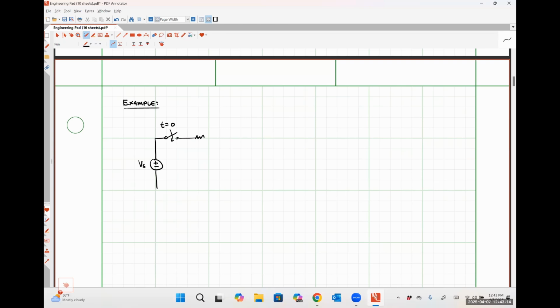I'm going to have some resistance here, which I'm just going to call R1 for right now. Let's put an inductor here, L. Let's put a second resistor here, R2. And let's put a capacitor here, C.